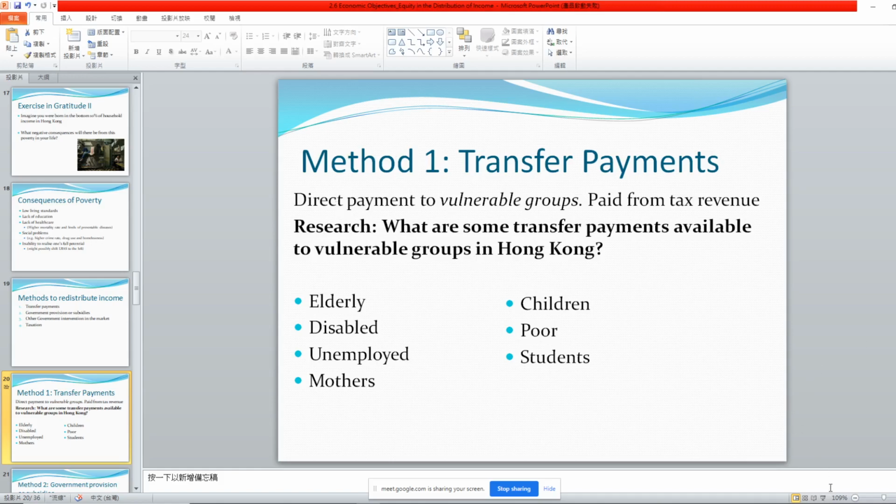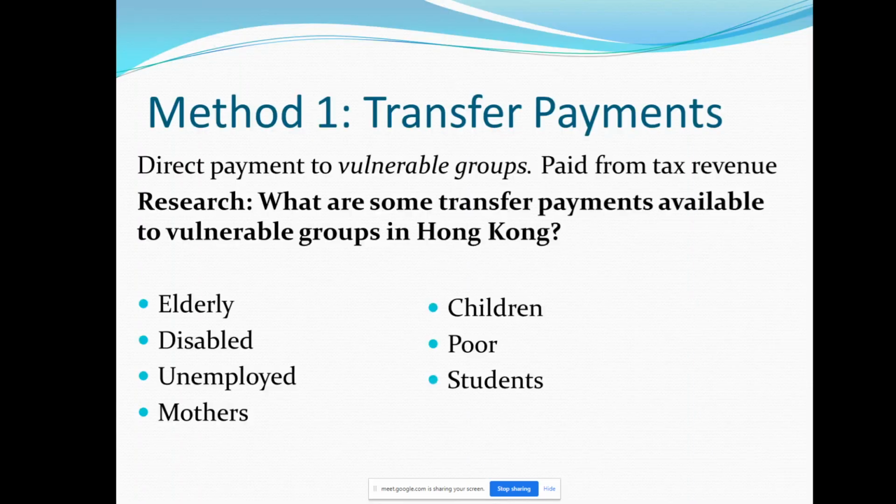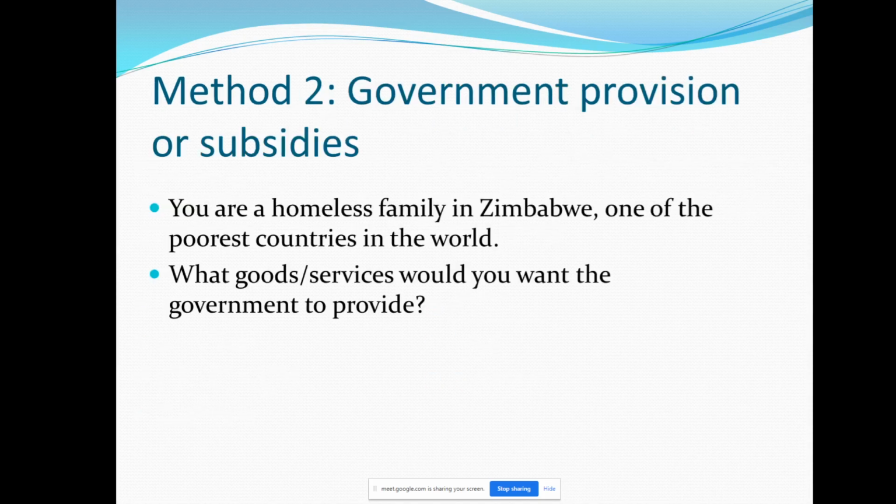Take a look at the second method. Very straightforward, right? Instead of using transfer payments, sometimes the government can directly provide the goods to the people, or they can subsidize some goods and services, so people can get the benefit.